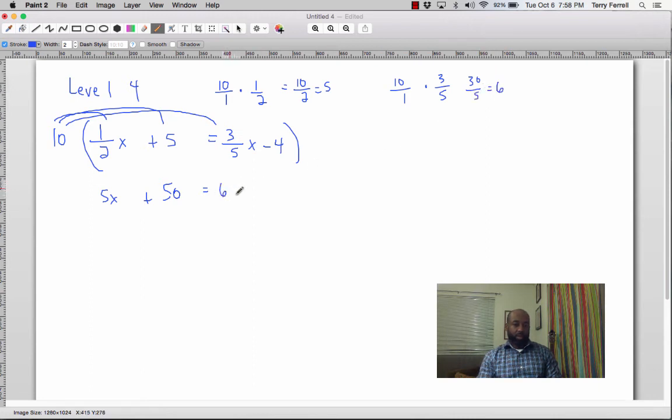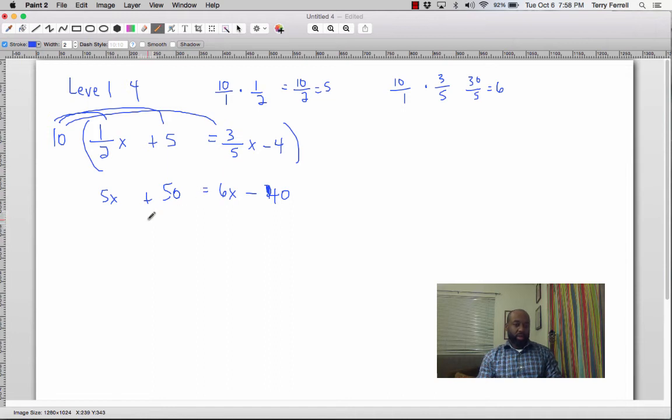So that'll be 6x minus 20, not 24, 6x minus 40. Guess I could have just erased it, huh? My eraser doesn't work that well on here.